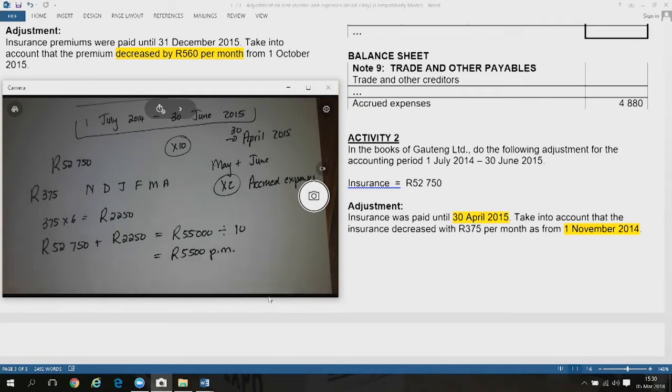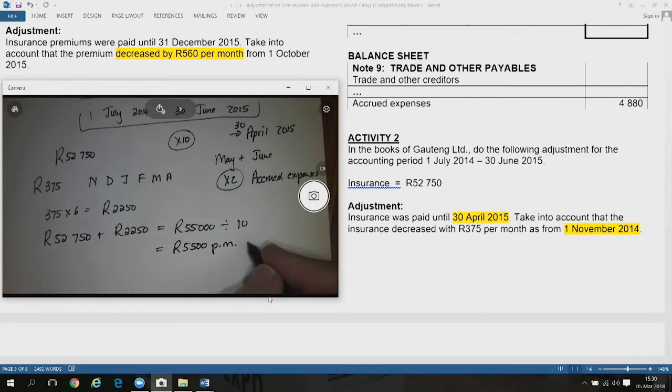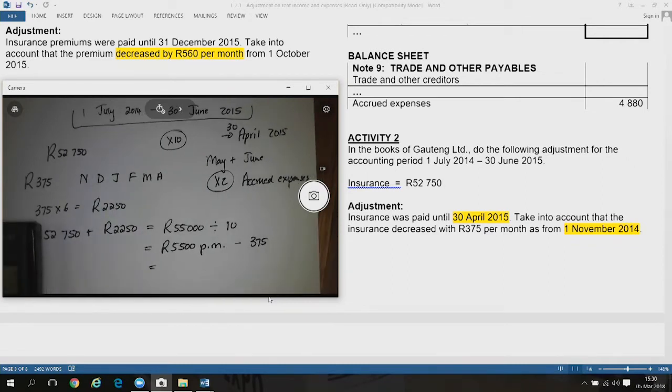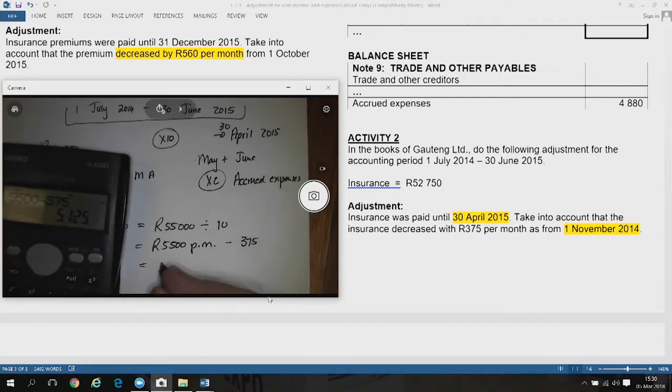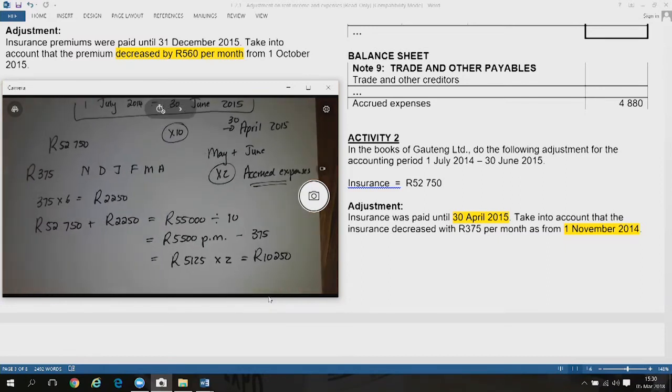You are looking for the amount per month. Then you say minus the decrease of 375, and 5,500 minus 375 gives you 5,125. That equals to 5,125 times 2. Why did we say times 2? Because there was 2 months accrued expenses. 10250.